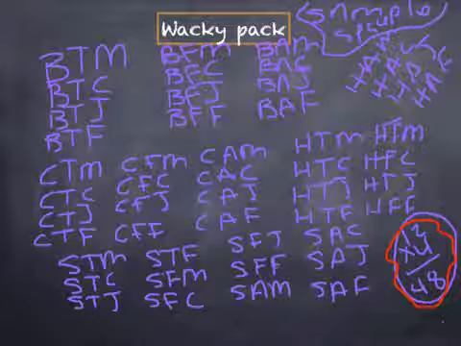So this is the sample space for the Wacky Pack. You can see I've listed here all of the burger options. You can get burgers with tots, and your tots can come with milk, chocolate milk, juice, or fountain drink. Burgers with fries, milk, chocolate milk, juice, or fountain drink. Burgers with apples, milk, chocolate milk, juice, or fountain drink. So I did that with the burgers, I did that with the corn dogs, I did that with the hot dog, and I did that with the chicken strips.